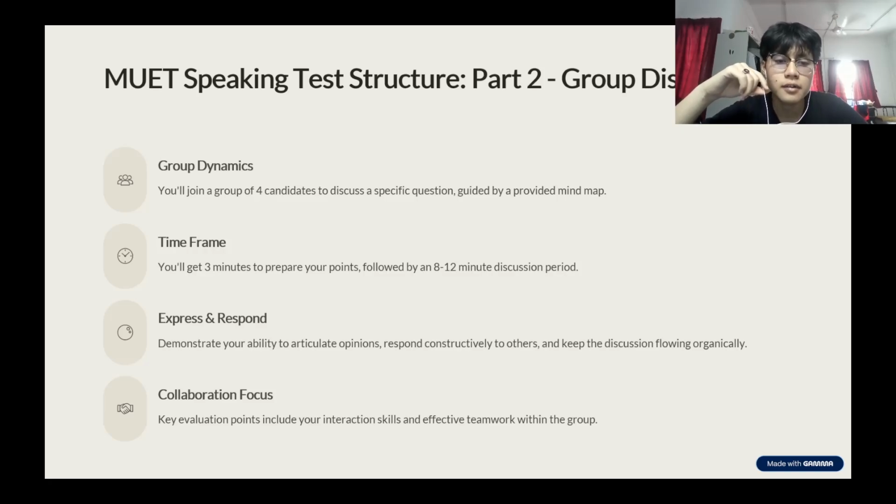You will have around 3 minutes to prepare your points, followed by an approximately 8 to 12-minute discussion period. In this, you will demonstrate your ability to articulate opinions, respond constructively to others, and keep the discussion flowing organically.